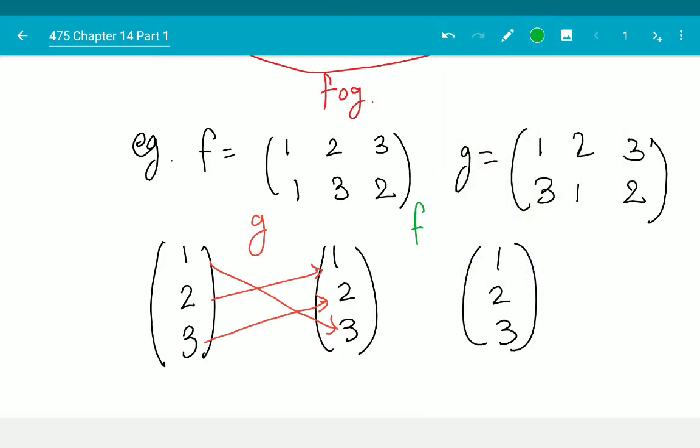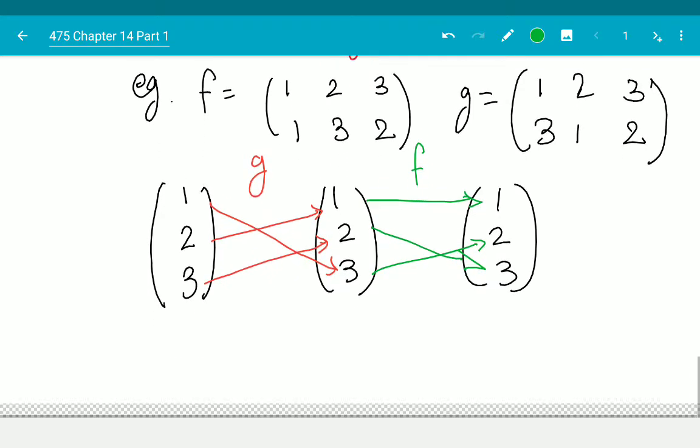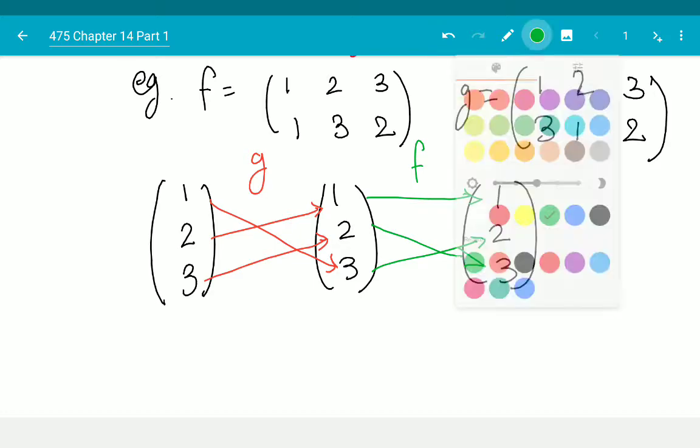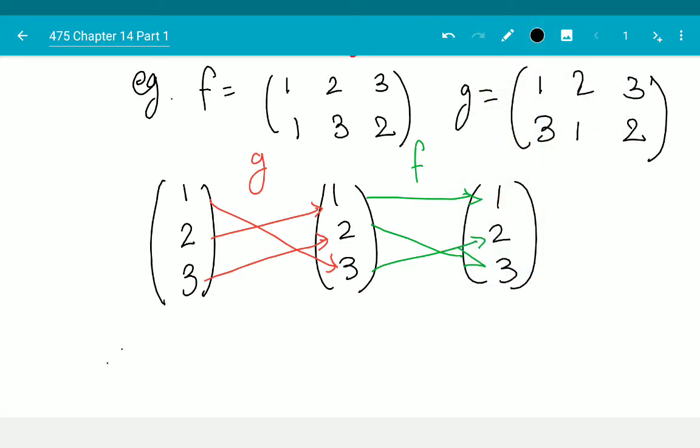What does F do? Well, 1 stays at 1, 2 goes to 3, and 3 goes to 2, right? In composition, therefore, F composed G is equal to, well, 1, 2, 3.